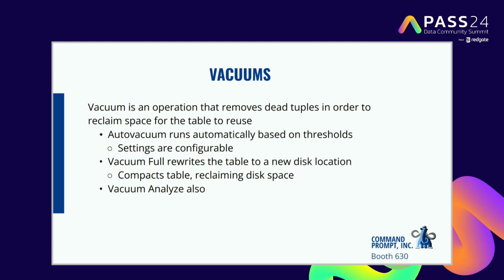And vacuum full is an important vacuum to understand. Vacuum full actually basically just rewrites the table in the physical disk location, right? So in doing that, instead of just reclaiming space for the table, which is what vacuum and auto vacuum do, it actually reclaims the disk space so that you can use that wherever.